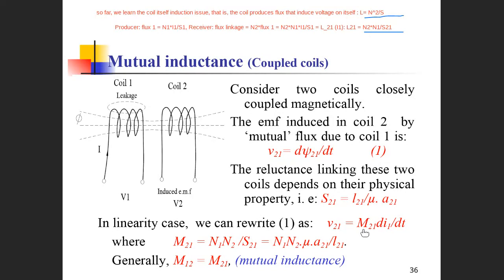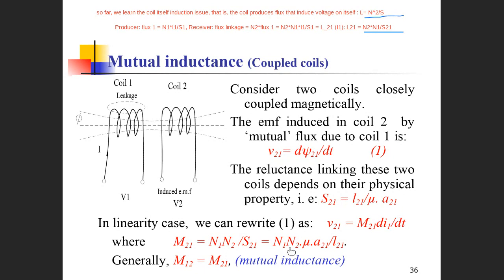Generally, the mutual inductance tends to be represented by M so that it is distinguished from the self-inductance L. So M here stands for the mutual inductance. Similar to the self-inductance, for a simple coil, the mutual inductance is the turn number N1 times turn number N2 over the mutual reluctance.